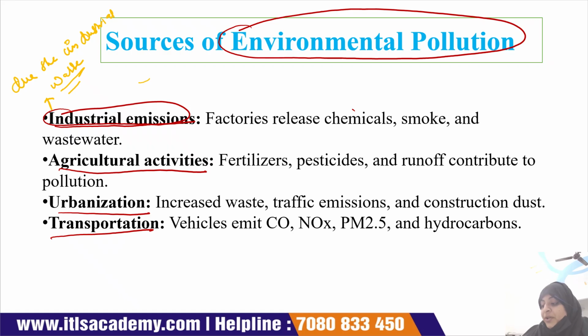During food production, waste is produced, and if that waste is dumped into the soil, flows into the water, or is released into the air, then obviously it causes soil pollution, water pollution, or air pollution. So the emission from industries is known as industrial emission.